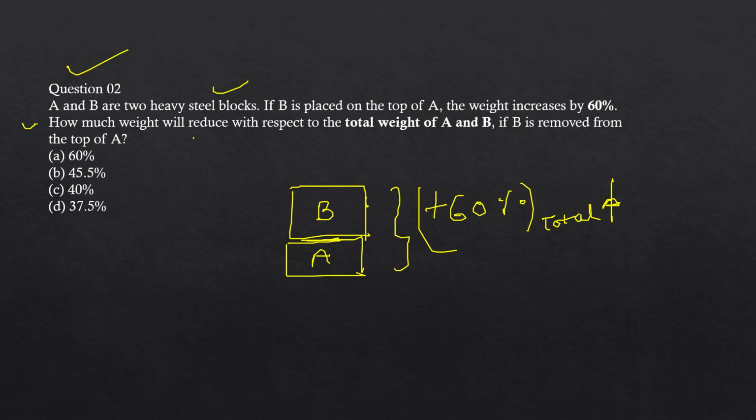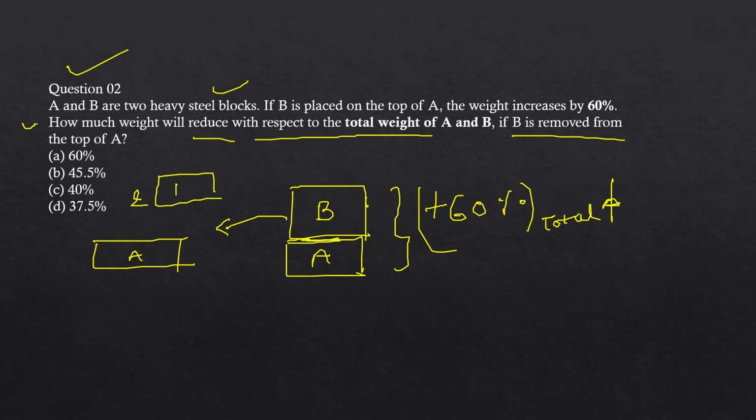How much weight will reduce with respect to the total of A and B if B is removed from the top of A? So now with the reverse condition, where A and B are separated as in the initial condition, we have to find how much weight will reduce.